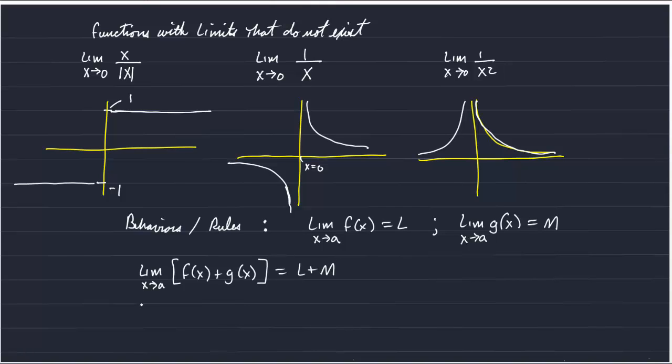Another rule is that the limit of the product of f of x, g of x, is equal to the product of the two limits. So it's the limit of f times the limit of g.